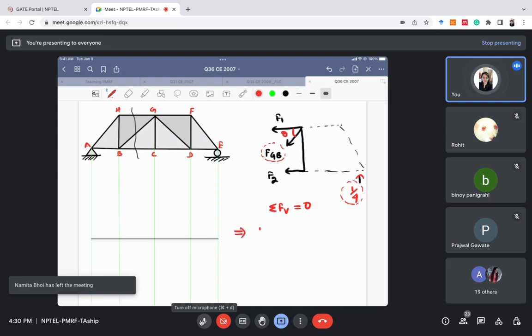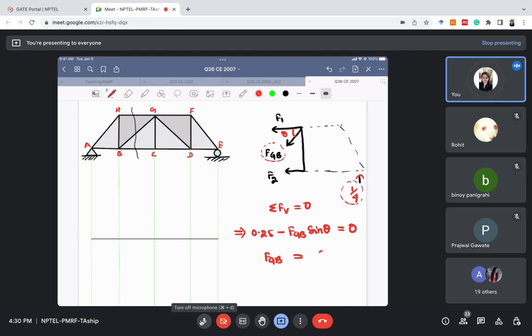So 1 by 4 in upward direction, or I can write it as 0.25, and FGB sine theta is in downward direction, so minus FGB sine theta, equal to 0, since there is no other force in vertical direction. So FGB equals 0.25 divided by sine theta.